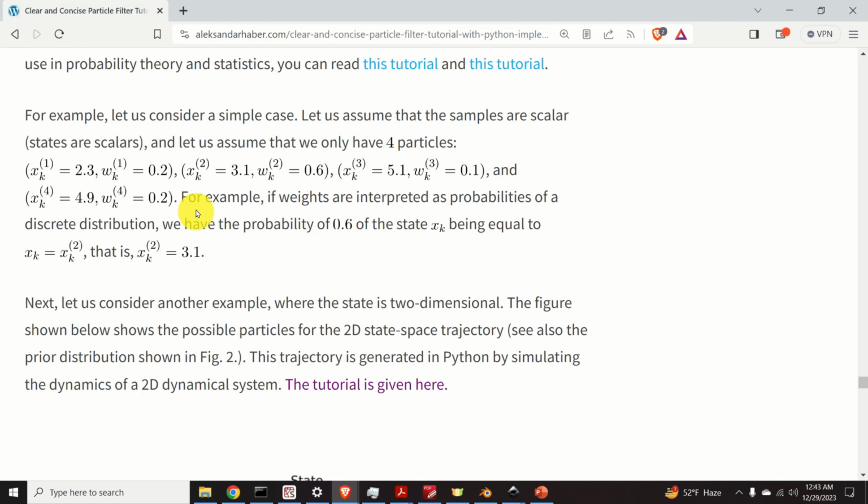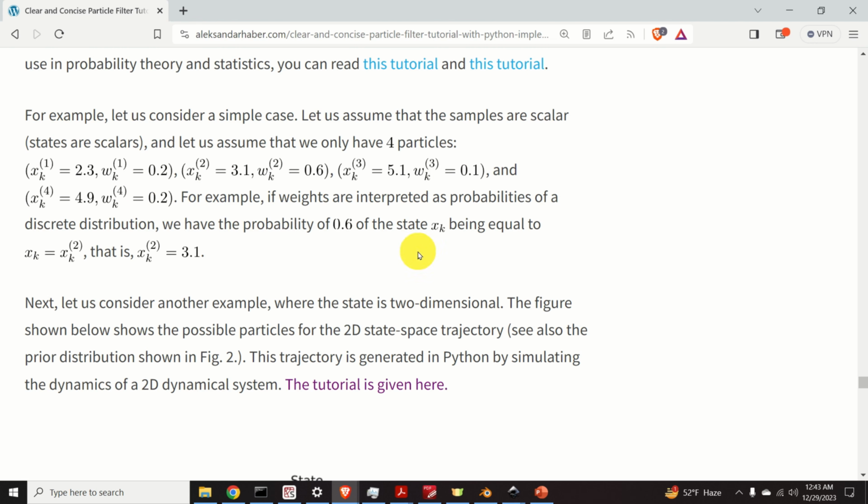For example, let us consider a simple case. Let us assume that the samples are scalars, that is, that the states are scalars, and that we only have 4 particles. First particle, second particle, third particle, and fourth particle.